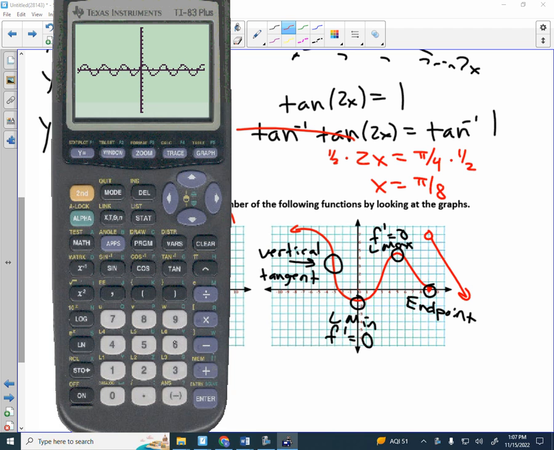Yeah, and in fact, Ella said, Mr. Gentz, if pi over 4 works, then would also 5 pi over 4 work? She is correct. That would be where it has a local min. In fact, the number of local maxes and local mins is infinite, isn't it? I would just be asking you to find the very first one.